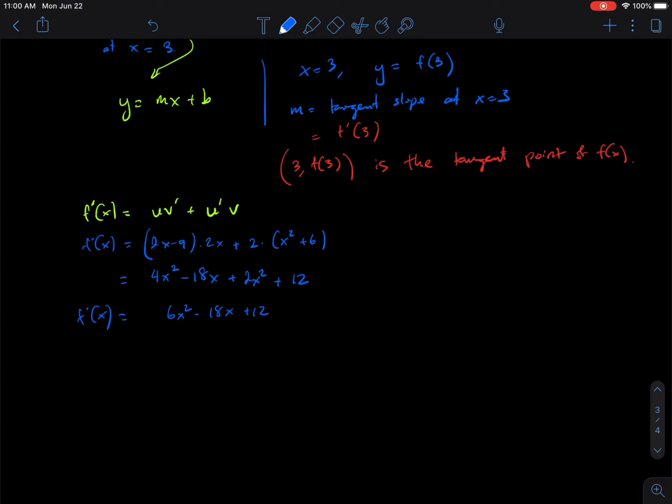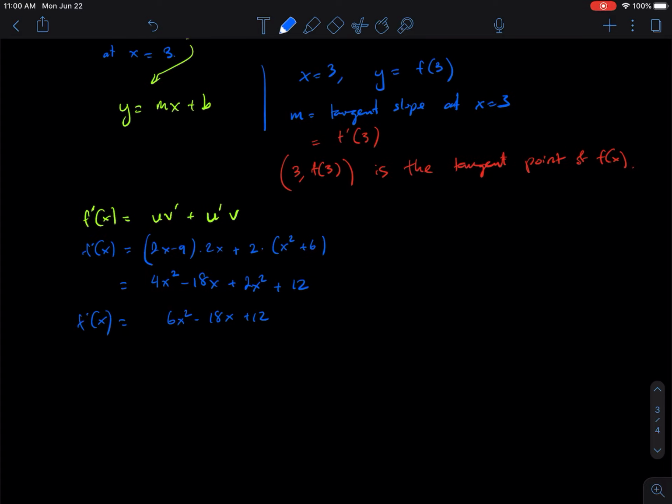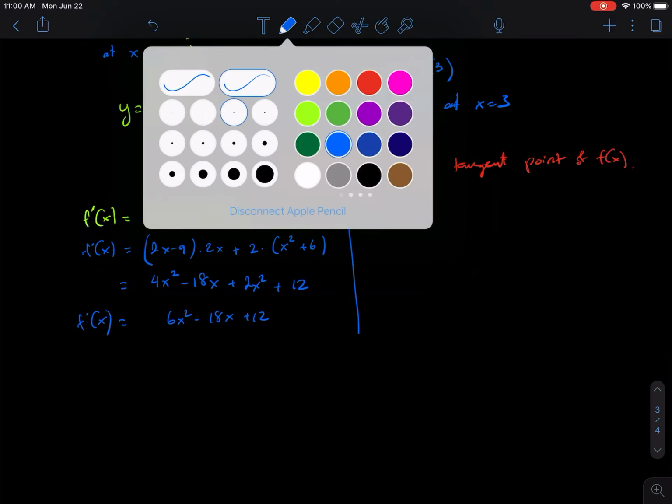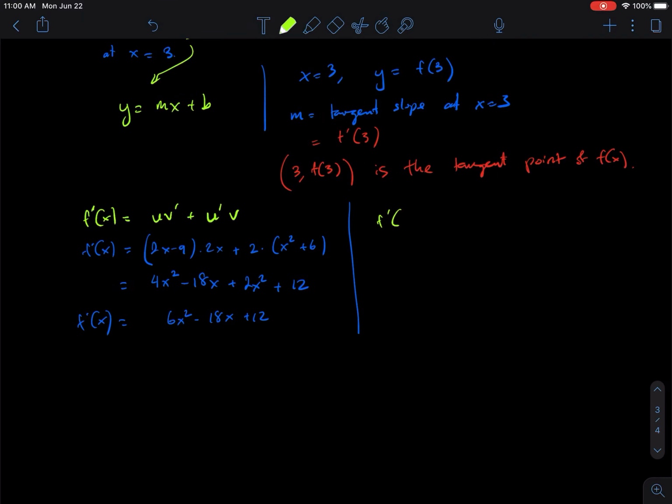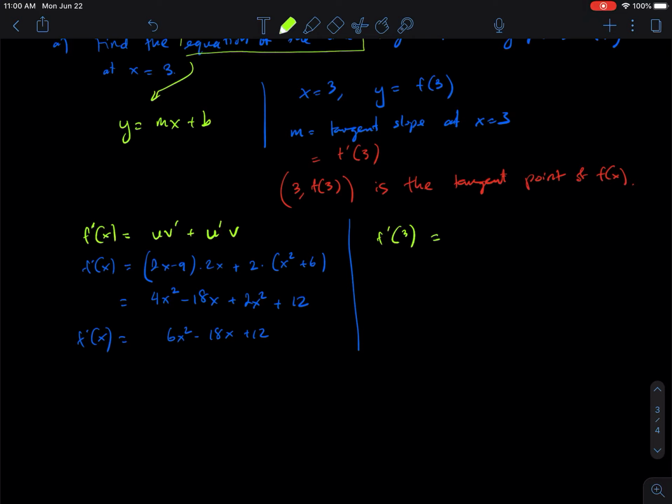This is going to help us in part B. Anyway, that's the slope function. Now we can find f prime of 3, the tangent slope. That means 6 times 3 squared minus 18 times 3 plus 12, which should give us 12 for the tangent slope.